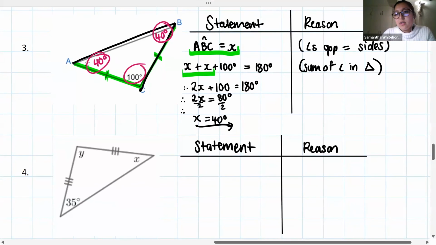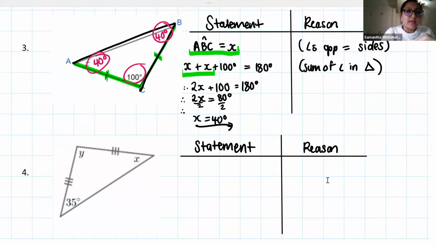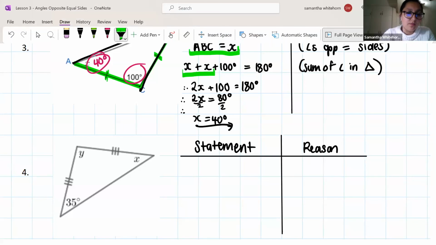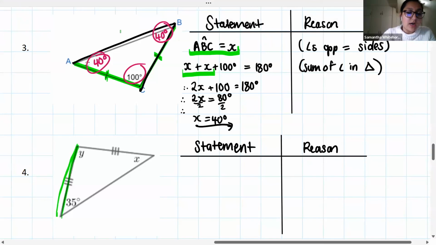Right, if I have a look at question 4 again, see what you have on your diagram before you start trying to do things, before you know what's going on. Your two sides are equal to each other because of the lines on the sides.